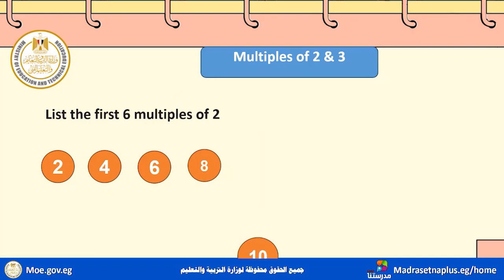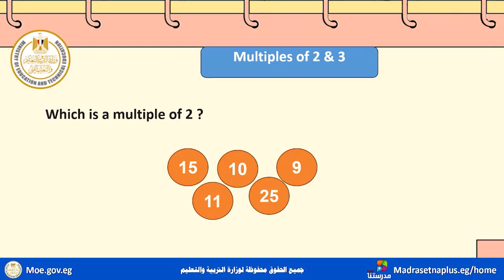Yeah, it's 10. Now, be a hero. Can you get the last one? Yes, 12. So the first multiples of 2 are 2, 4, 6, 8, 10, and 12. Great. Let's go. Yes, your turn now.